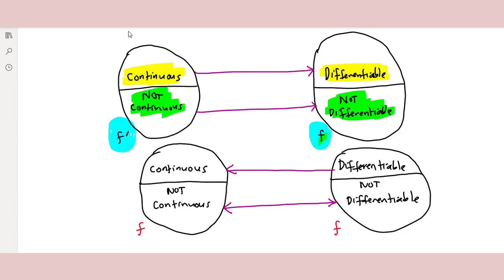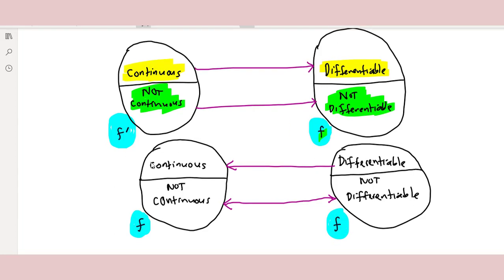For this one, f(x), if f is continuous, it is not confirmed that f is differentiable. Maybe f is not differentiable or maybe it is differentiable. When f is differentiable, it is confirmed that f is continuous.